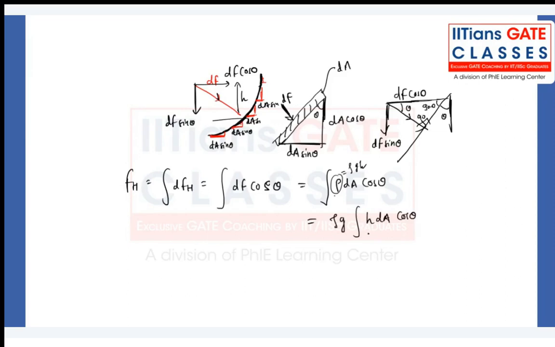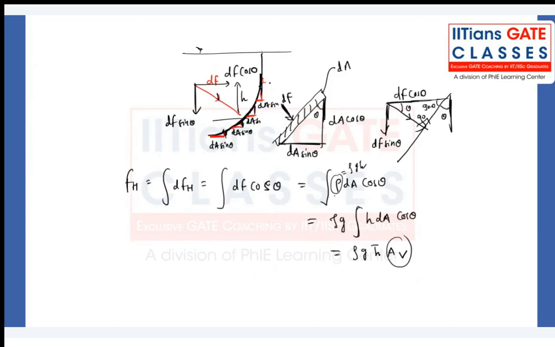When you integrate over the whole domain, what is the meaning of that? dA cos theta is continuously varying till this free surface. What can we get out from there? We will be getting rho g into h bar into the area which is projected in the vertical plane.